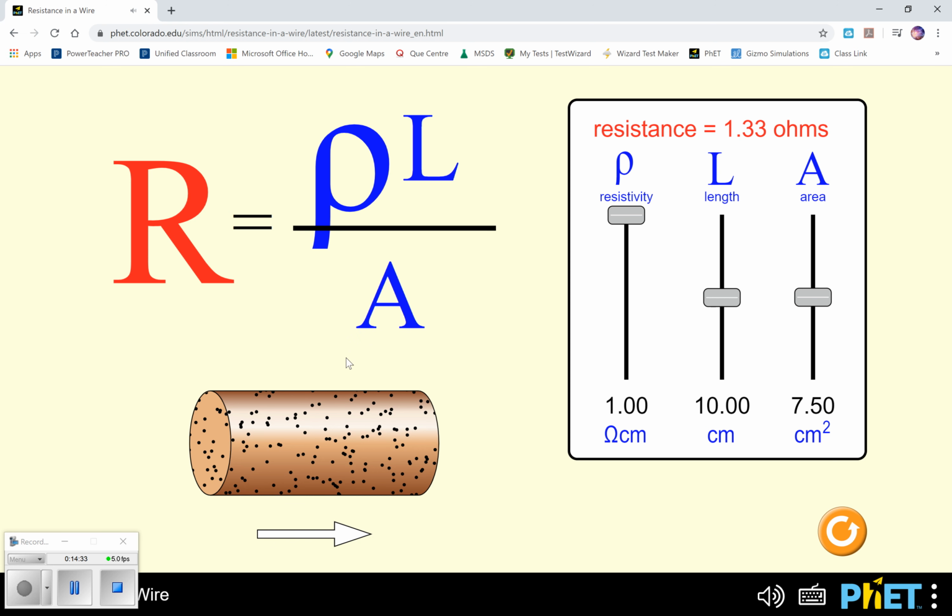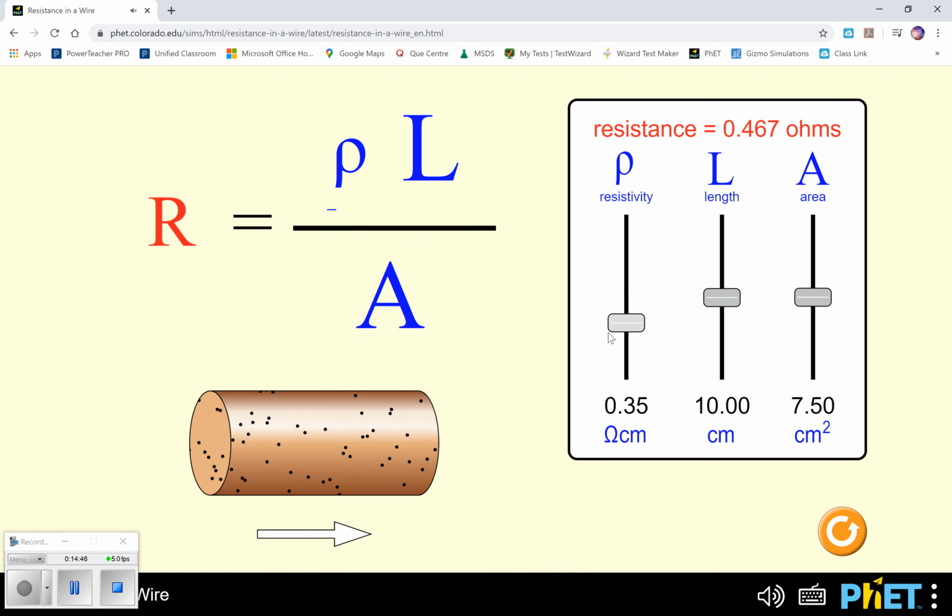This is almost like roadblocks that electrons will encounter as they come through here. The more roadblocks you have, the more collisions, the more resistance. Silver has a lower resistivity, which means there's fewer roadblocks for those electrons to encounter as they move through here, which means less resistance.